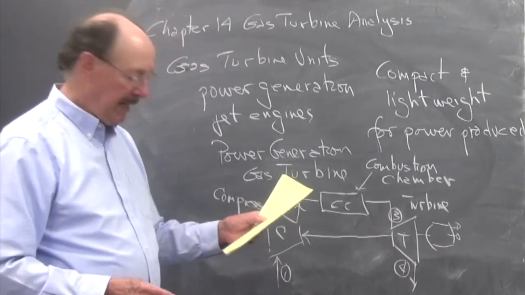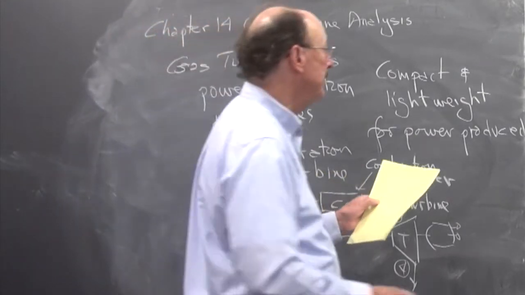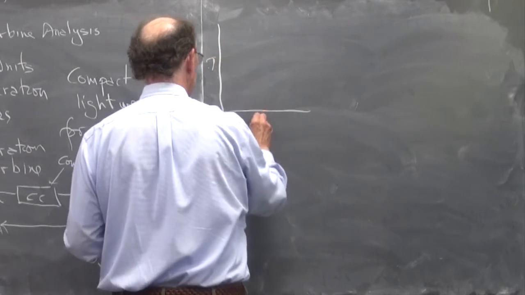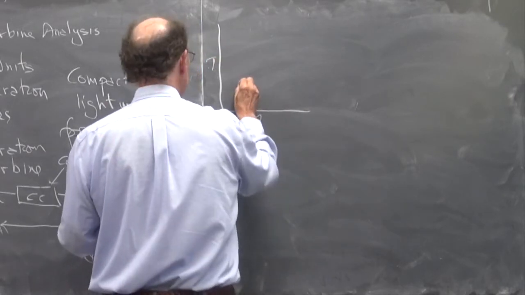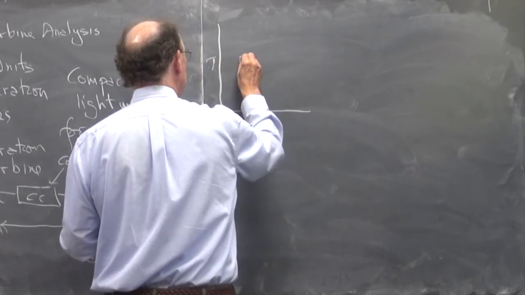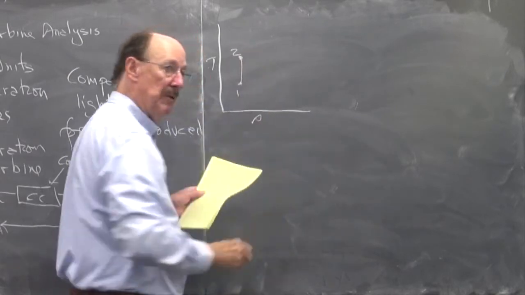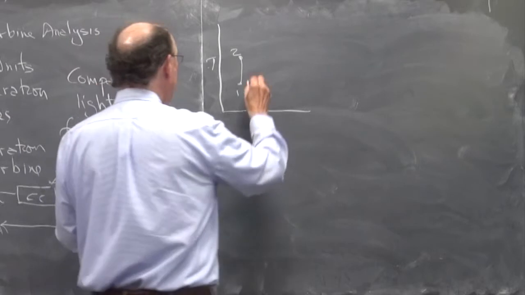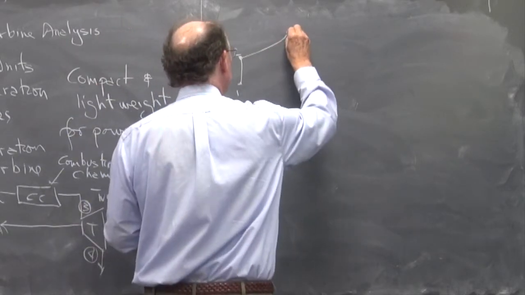And let's look at a TS diagram for this. Ideally, we'd have isentropic compression from 1 to 2. So it would be compressing isentropically. Then we'd be adding, you have your fuel.